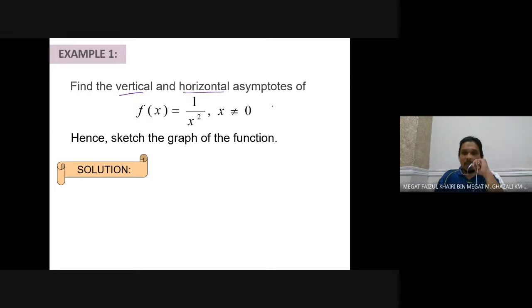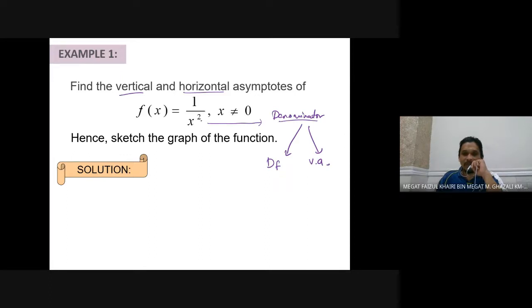Okay, from the denominator, it will give us two things. The first is the domain of the function, and automatically the denominator also tells us what is the vertical asymptote of the graph.